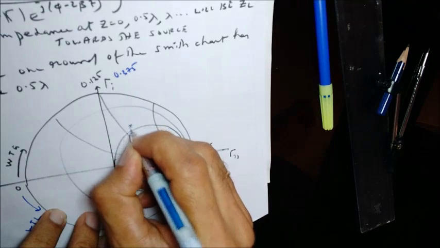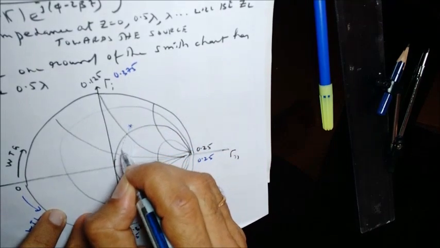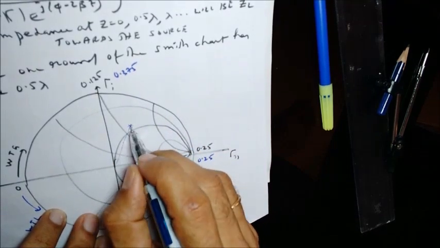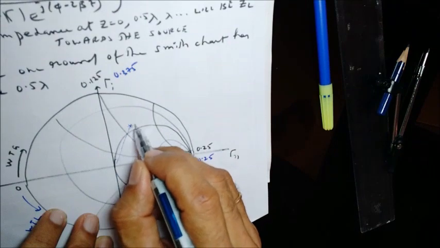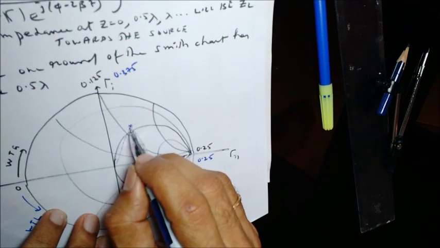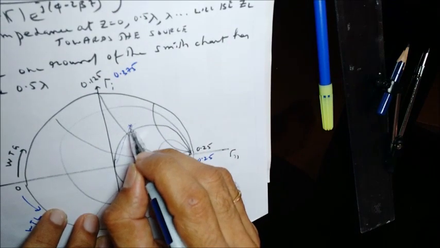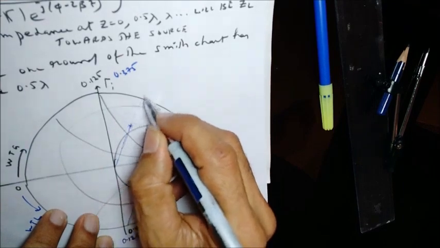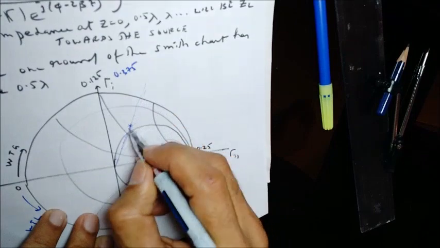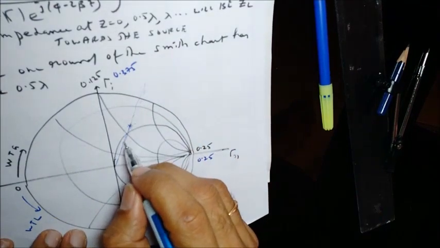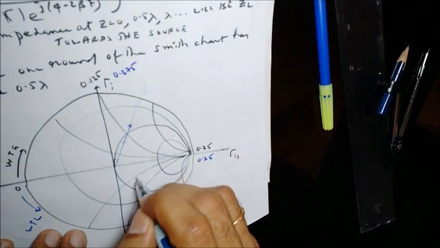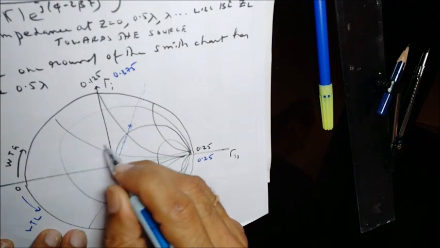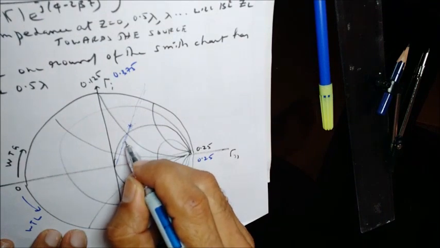There is some R circle passing through this, some X circle that corresponds to our normalized load. Now suppose I go around the Smith chart once, I reach the same point and I end up getting the same reflection coefficient.